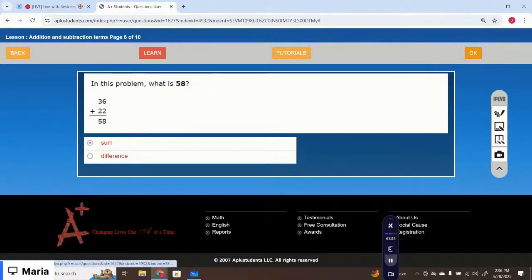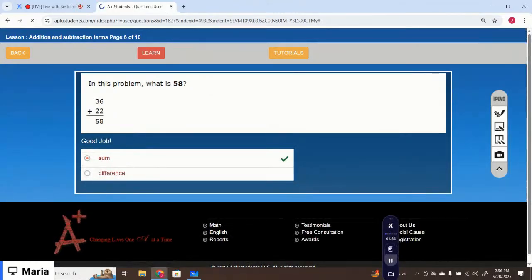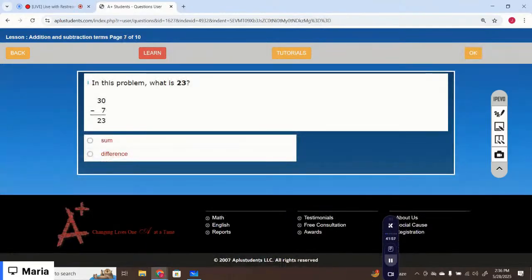Option number one is the correct option. In this problem, what is 23?